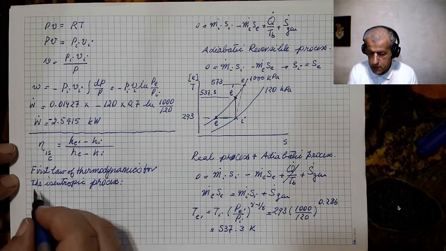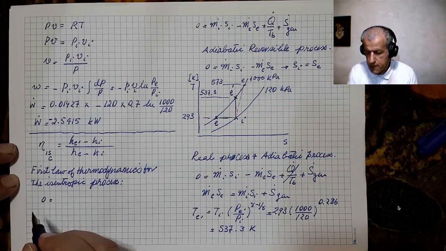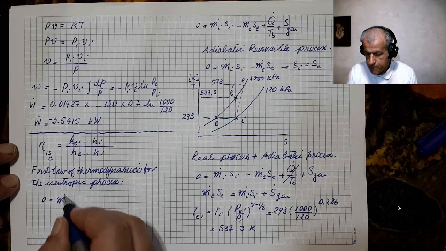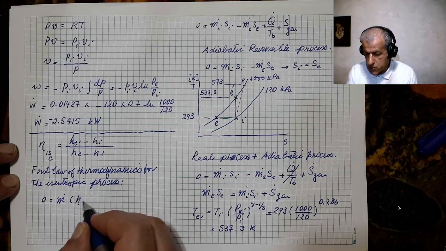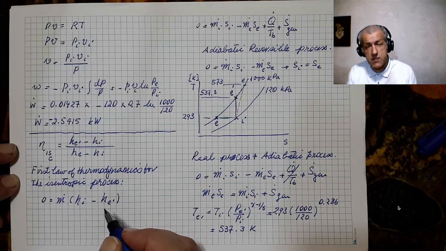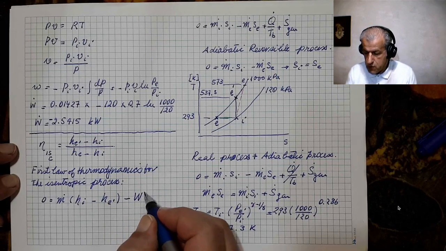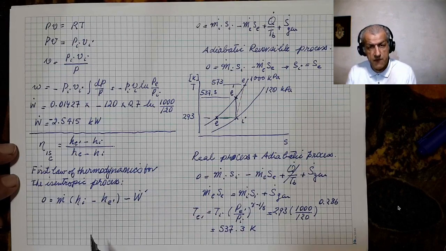And how do I do that? It is 0 equals m dot times Hi minus He prime, and the isentropic process has no heat transfer, and minus W dot prime, which is different to W dot.